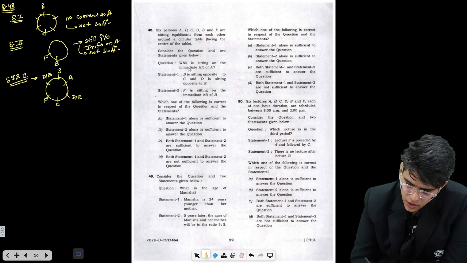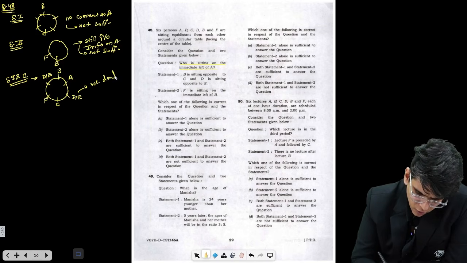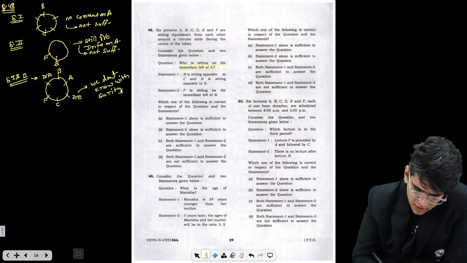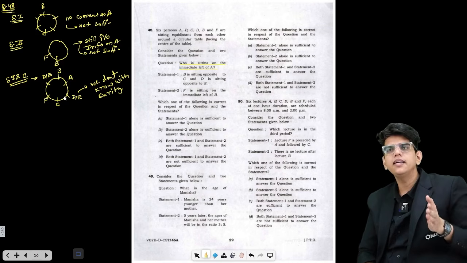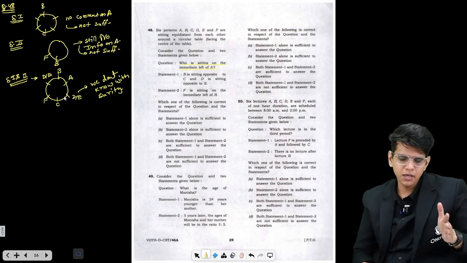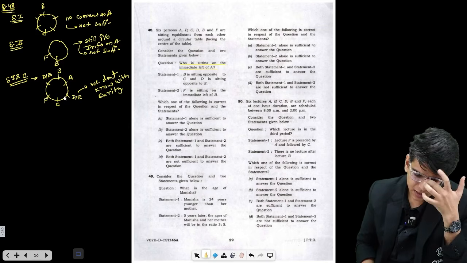Now we need to answer who is sitting on the immediate left of A. We don't know with surety because there are two possibilities. It can be D and it can be E, right? We don't know, so this is not sure.